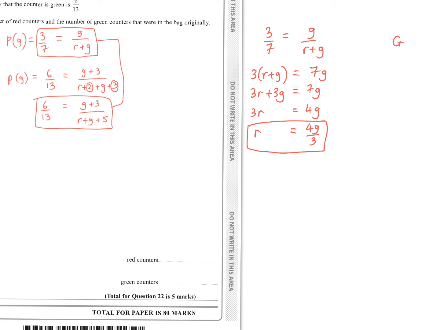And I think I'm just going to substitute that straight back into here. For those that can't, what you need to do is just work with the second equation the same way you work with the first, just multiplying things out, cross-multiplying, and then get R in terms of G, but you can just substitute straight in.